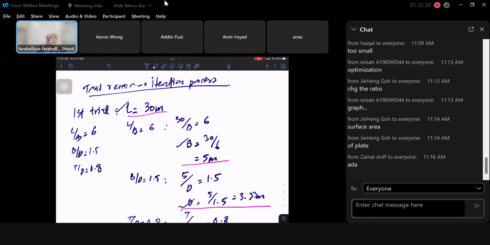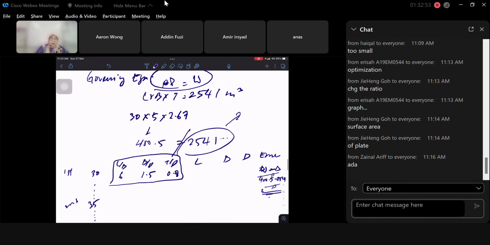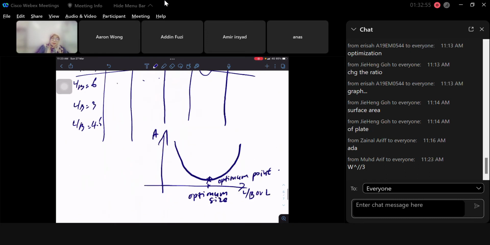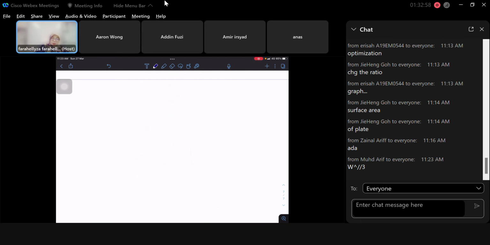Estimated L, how do we do that for estimated L? Anyone? How do we do the process for estimated L? This is for L, the methods to get L, to start with the L basically.